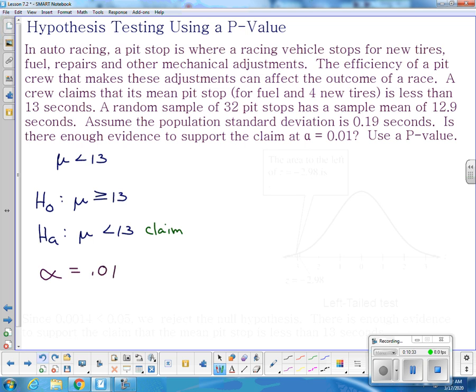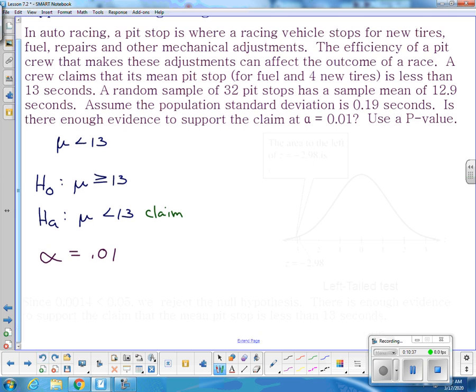And now we need to figure out our test statistic. So our formula says we're going to take the sample mean, which is 12.9, minus the claim mean, that's what that sub-zero meant, the claim, divided by population standard deviation, divided by the square root of sample size.